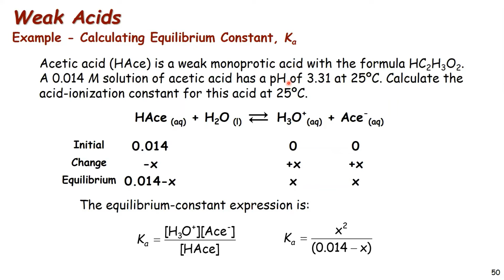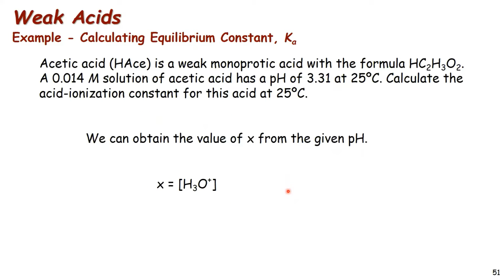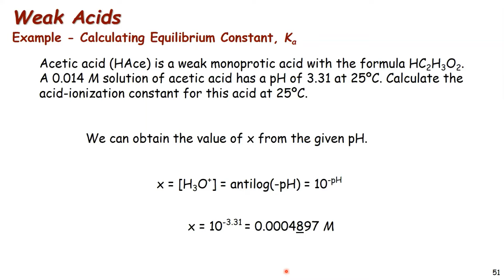So we just need to, again, take the anti-log of the negative pH, which will give us X. Again, the anti-log of the negative pH, which is just 10 to the negative pH. The pH is 3.31, so 10 to the negative 3.31 is 0.0004897 molar. So that is X.